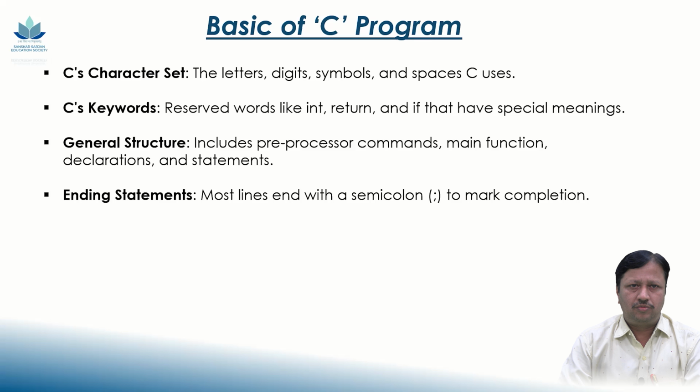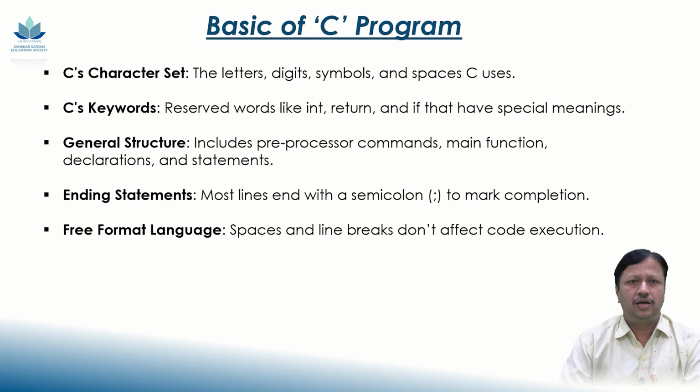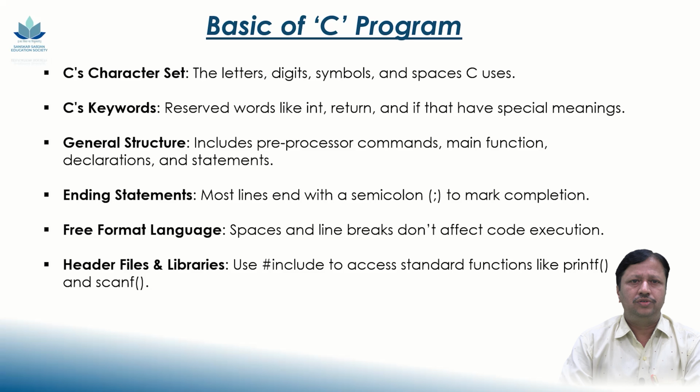Ending statements: most lines end with a semicolon to mark completion. Free format language: spaces and line breaks do not affect code execution. Header files and libraries: use hash include to access standard functions like printf and scanf. Mastering these basics helps you write clear, correct C programs.